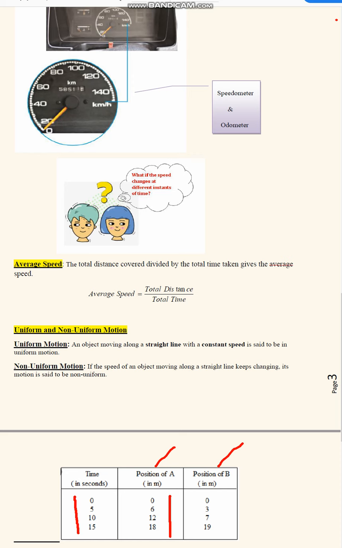But let us look at the column of B. The object B covers 3 meter in first 5 seconds, 4 meter in next 5 seconds, and 12 meter in another 5 seconds. So the motion of object B is of non-uniform kind and motion of object A was of uniform kind. Please note that we will discuss uniform and non-uniform motion in detail in class 9.